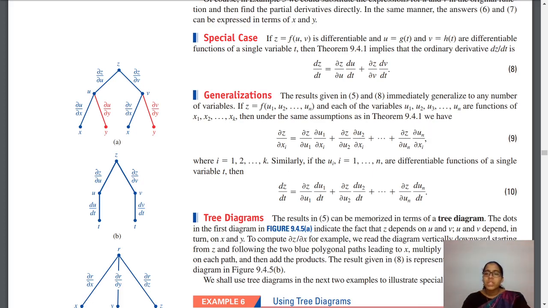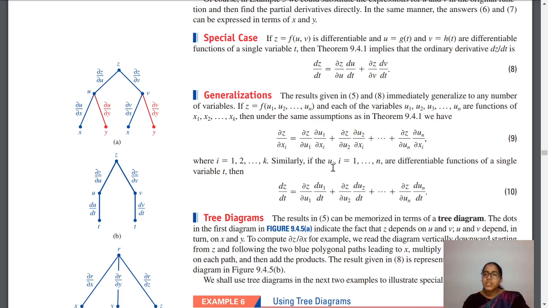So what will be the value of ∂z/∂x1? ∂z/∂x1 will be ∂z/∂u1 into ∂u1/∂x1 plus ∂z/∂u2 into ∂u2/∂x1 and so on, ∂z/∂un into ∂un/∂x1. Like that we can find ∂z/∂x2, ∂z/∂x3, etc. ∂z/∂xk.